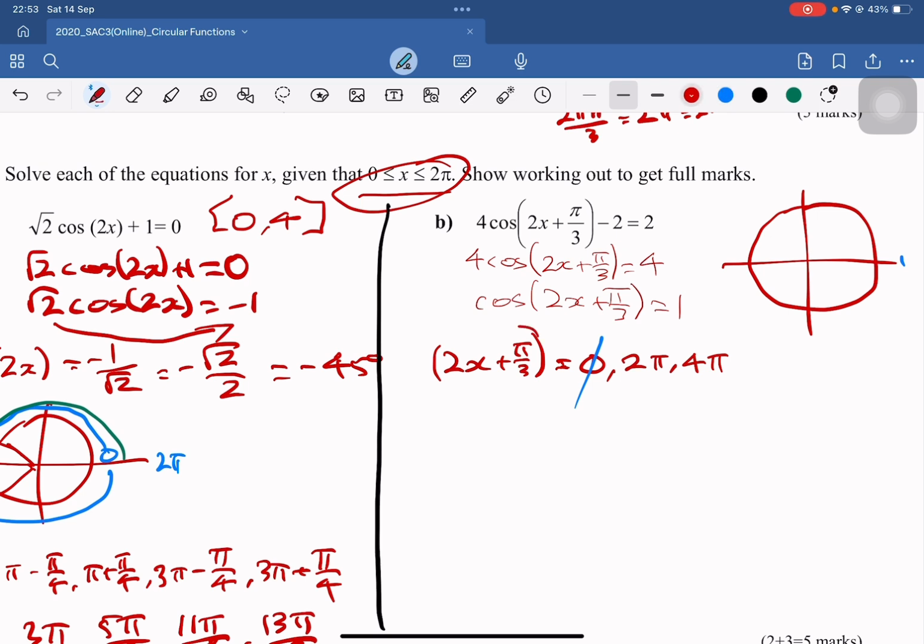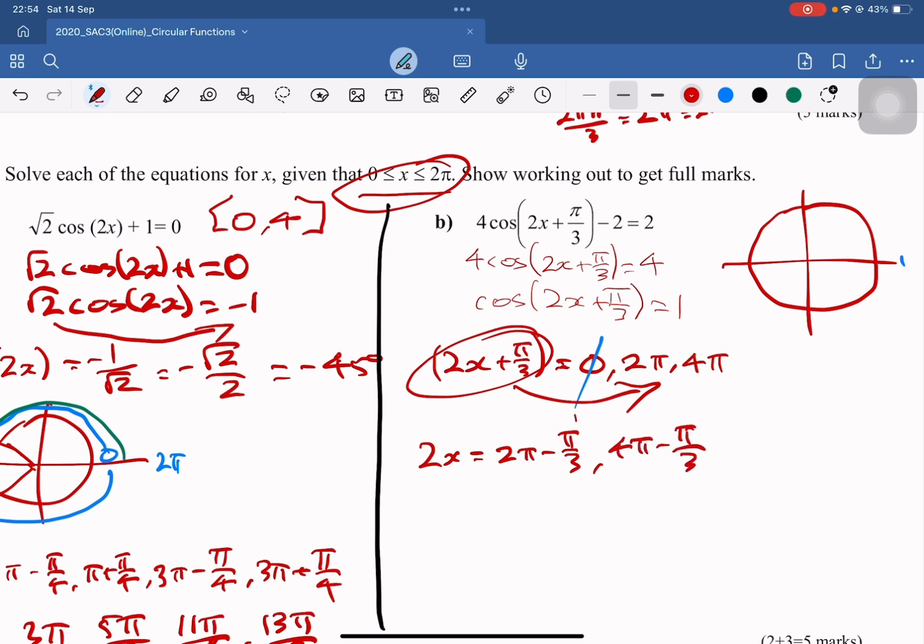We can start moving everything from this side to the other side, and that's what we're going to do. First, we're going to move the pi. So 2x equals 2 pi minus pi on 3, and 4 pi minus pi on 3.